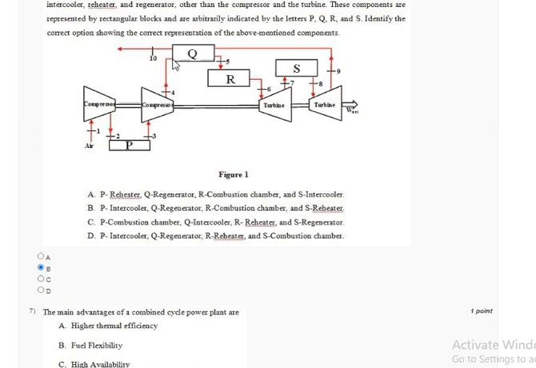Regenerator is a heat exchanger which extracts the heat from the exhaust gas. Then R is the combustion chamber and S is the reheater. Reheater is between two turbines, and intercooler is between two compressors. So option B is correct for this question.